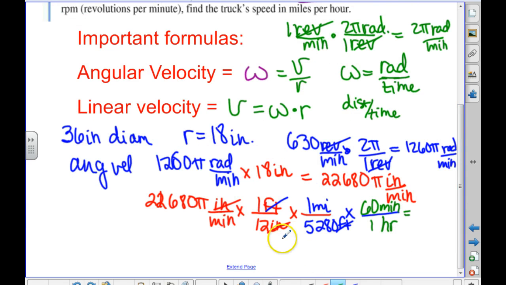All right, guys, to type this in, we have 22,680 pi times 60 in the numerator, divided by a 12 and a 5280. So you need those in parentheses, or else you need to type them divided by 12 and then divided by 5280, or you can type the whole top and the whole bottom and then divide, whatever works for you.